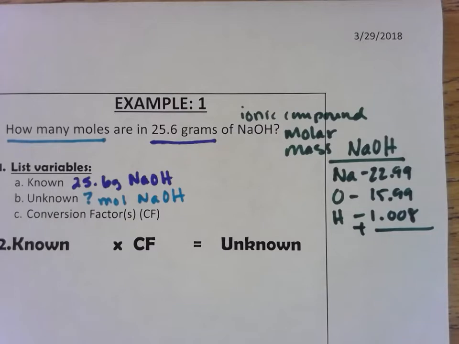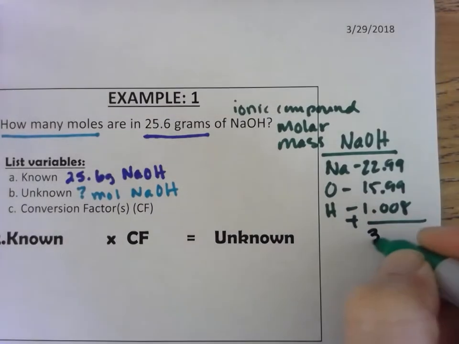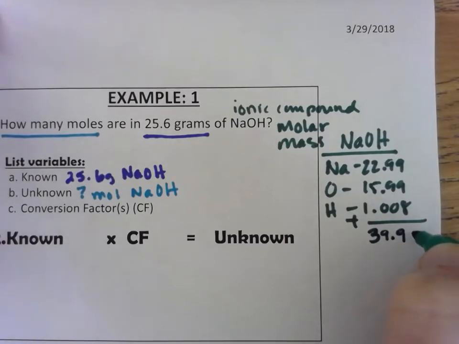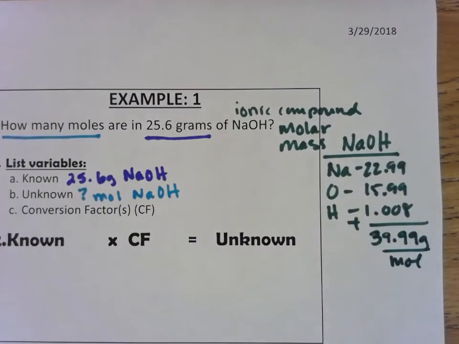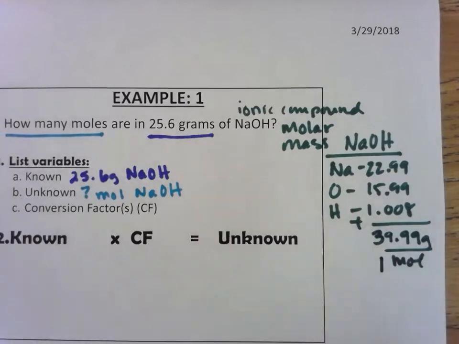I pick up my calculator, clear, 22.99 plus 15.99 plus 1.008. And the molar mass is 39.99, and that's grams per mole. And I might put the little 1 there for you, 1 mole.